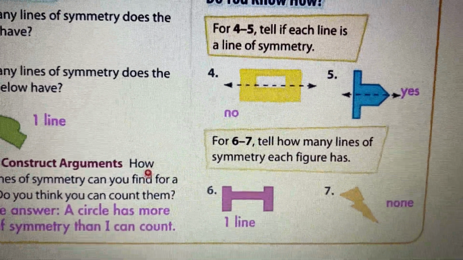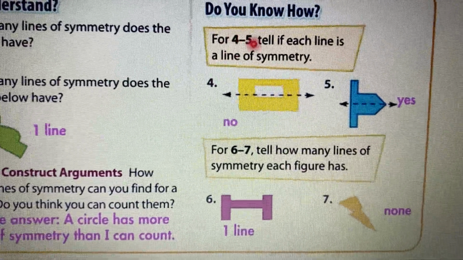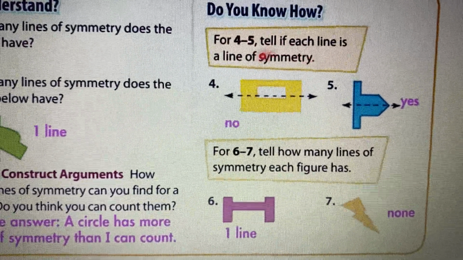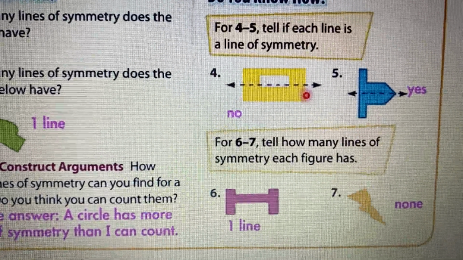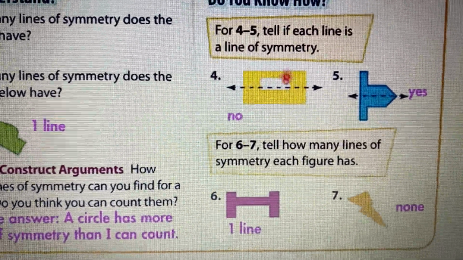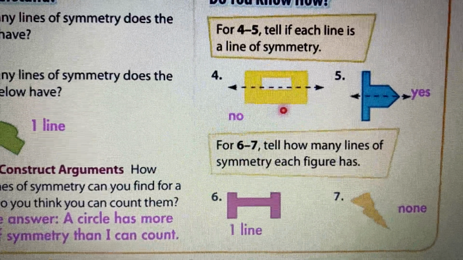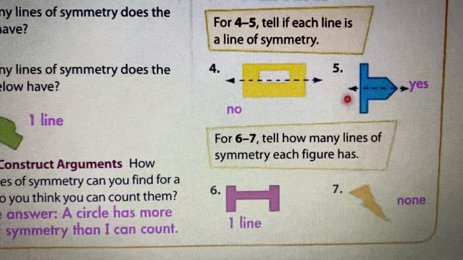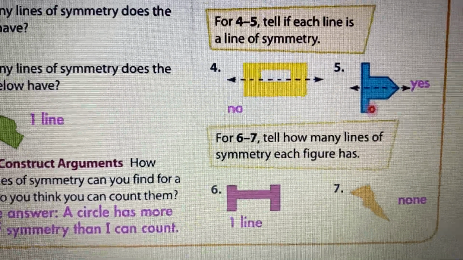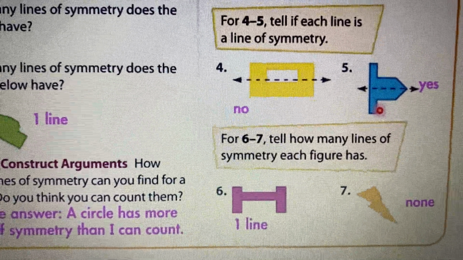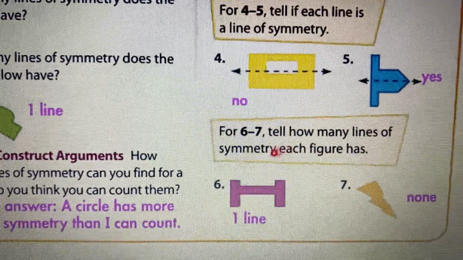Do you know how? For 4 and 5, tell if each line is a line of symmetry. Is this line a line of symmetry? Of course not. If I fold them to each other, they're not going to be exactly the same. This line, is it a line of symmetry? If I fold them to each other, I'm going to have exactly the same halves. So yes.